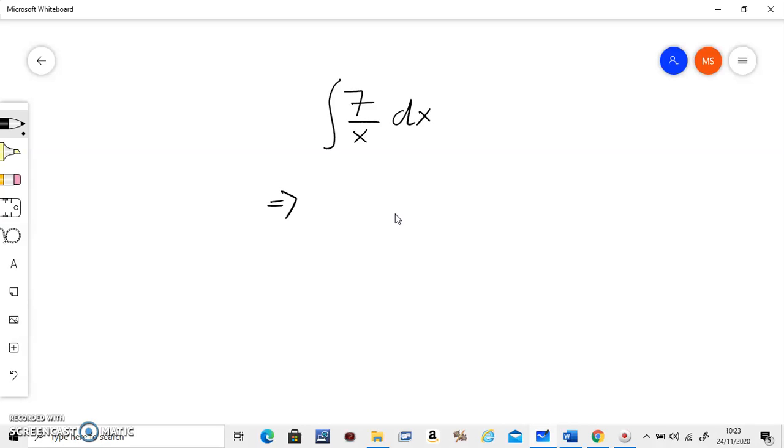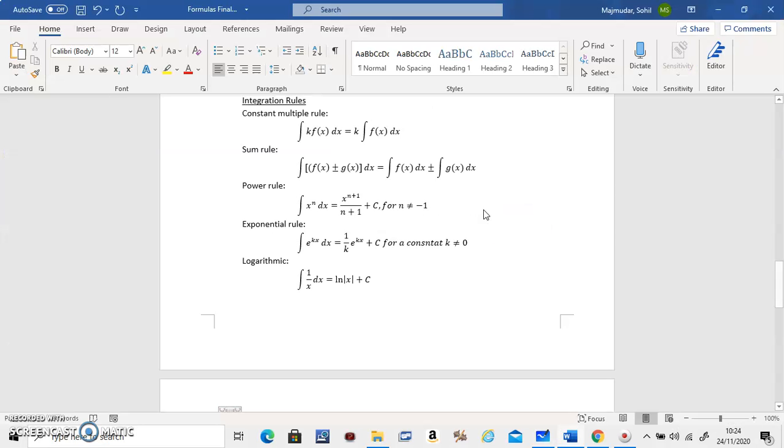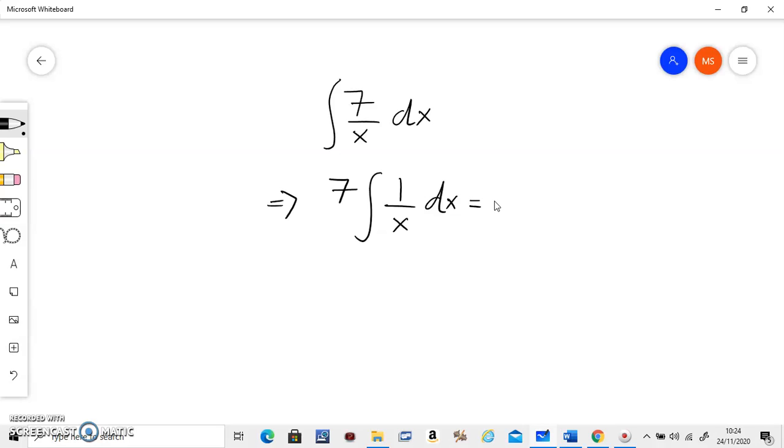If there is a constant, the constant needs to come outside, and then apply the formula. So 1 over x is the last one here, logarithmic. So 1 over x should become ln of x, the 7 remains as it is, plus c. Just like that, move the constant outside and compare the formulas, and you should get the answer.